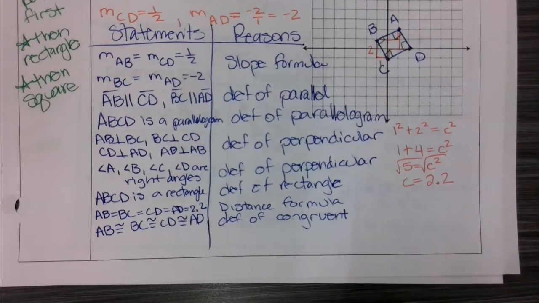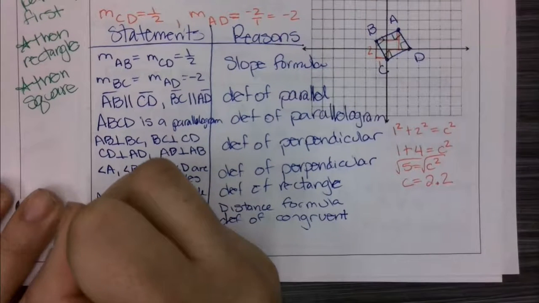Okay, and then I only have one piece left. What is the piece left? Yeah, so ABCD is a square.